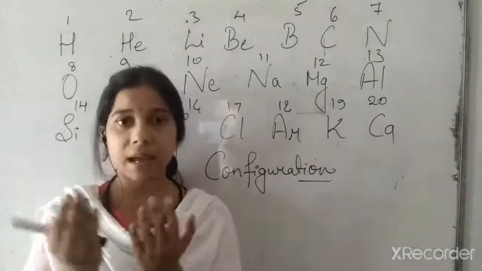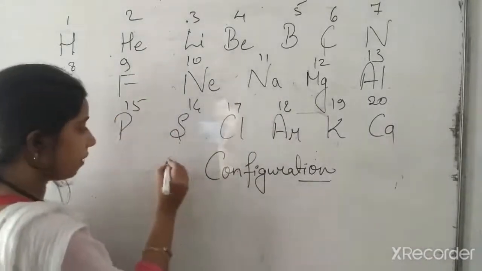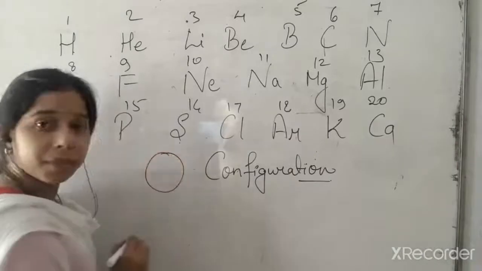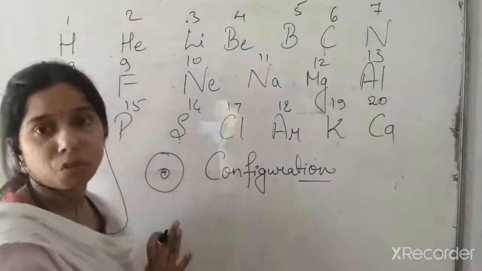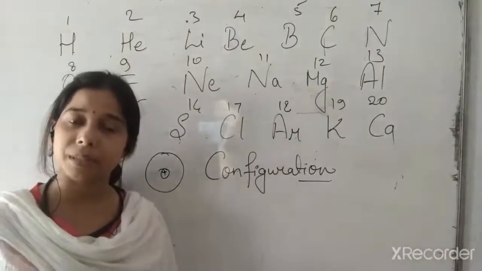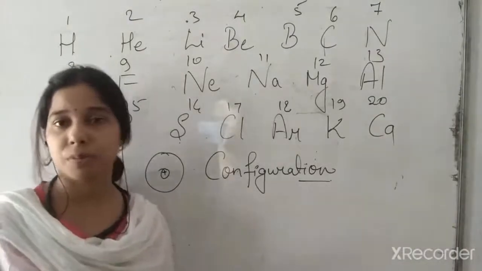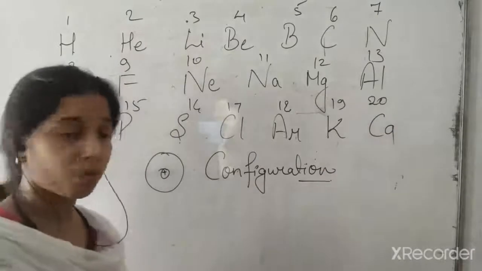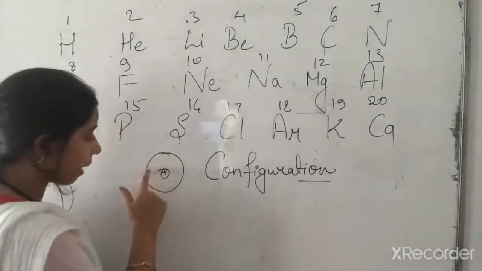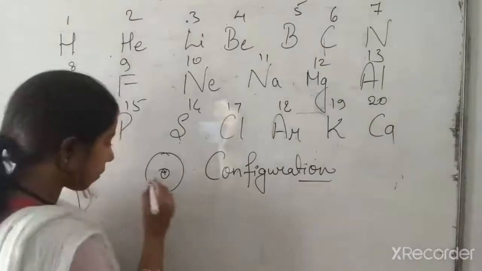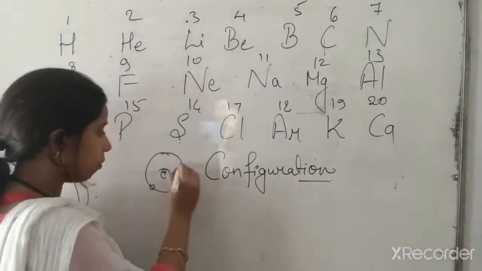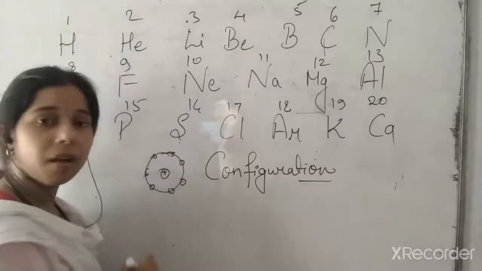If this is the atom, it has a proton in it, and the electrons are also present. You all know the atom is basically divided into electron, proton and neutron. These electrons are present at the outermost shell of the atom.